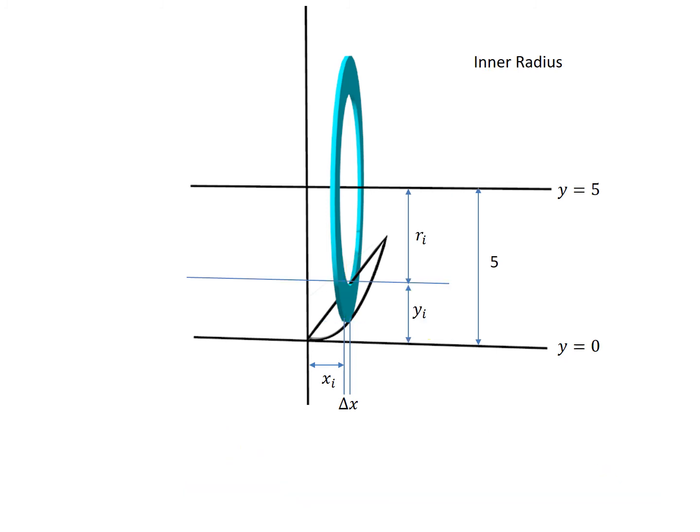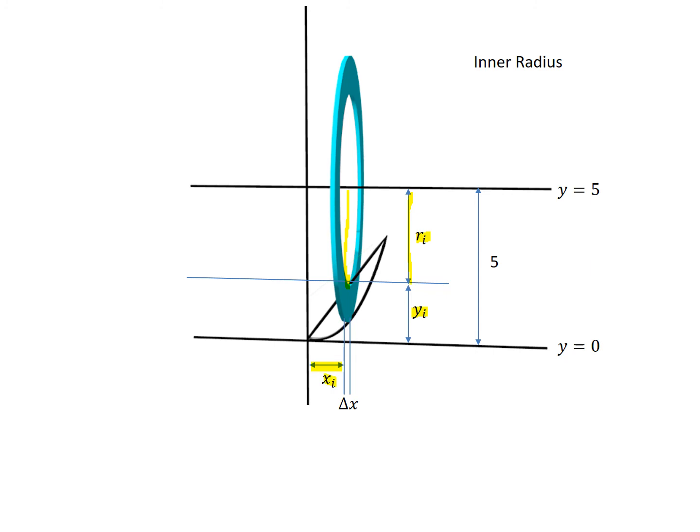And now we consider the inner radius. So the inner radius, we're going from the line y equals 5 down to this line segment. And our inner radius is just that distance. And then we have our x sub i, y sub i. Right?